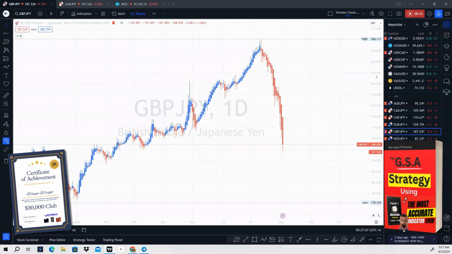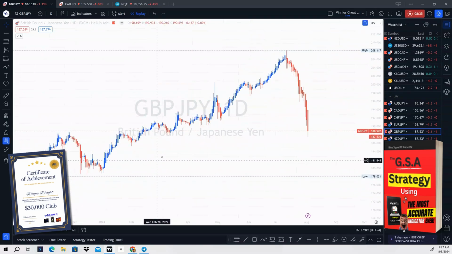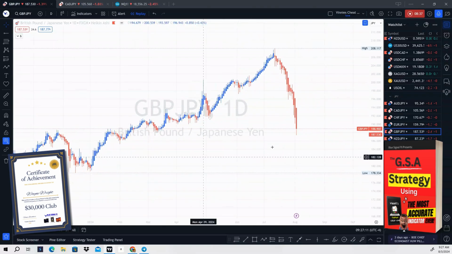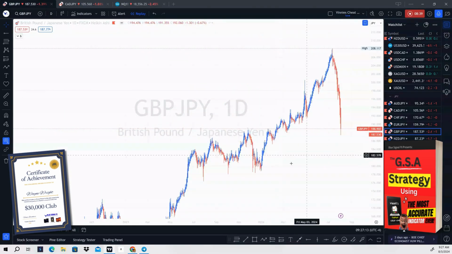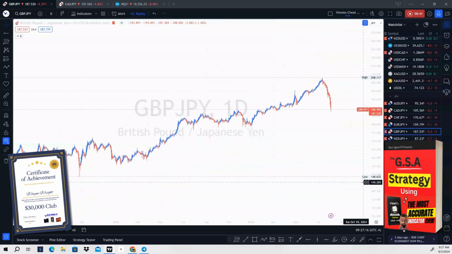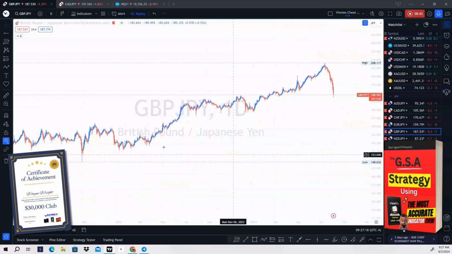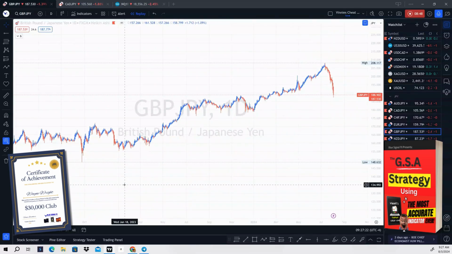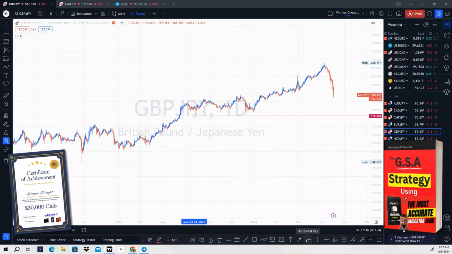So the first thing that I do, my thought process when I'm looking at a chart is, what is the overall trend of this pair? Okay. Well, I can see that the overall trend is still bullish, right? And why can I say that? Because price is making higher highs and higher lows. Now, we have broken some lows, but I would need to see a major low broken, either this low here or even this low.